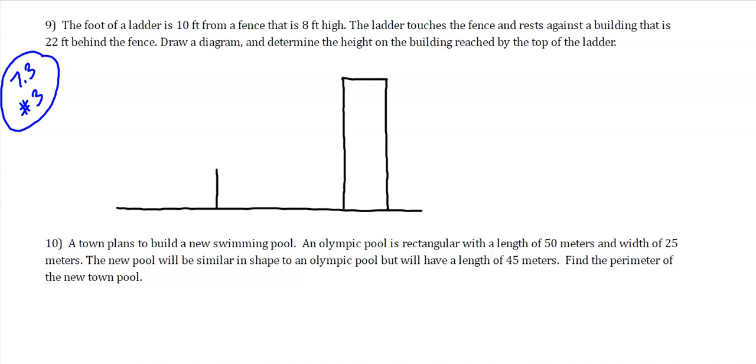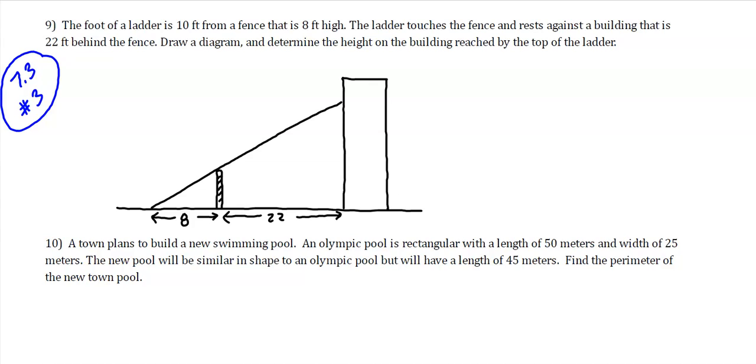That's my fence. And then the ladder is going to lean something like that. And it looks like we are 8 feet from the fence, and then we are 22 feet from the building.